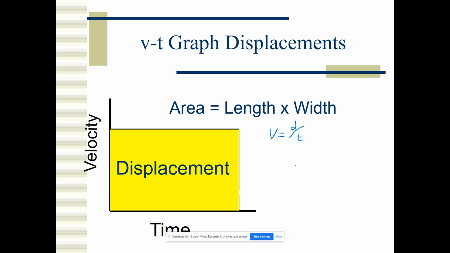Therefore, if we want the displacement, we just multiply by t on each side like this, and we get time times velocity equals the displacement or the distance. Well, really, you can see that one of them is the length and one of them is the width. So that's where that comes from.